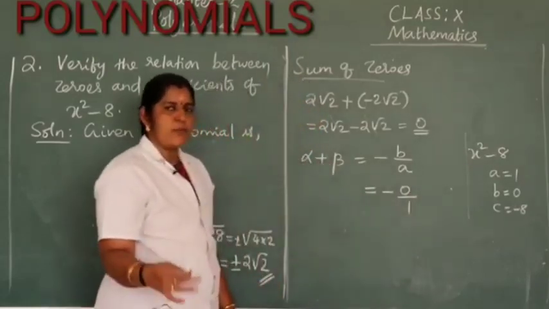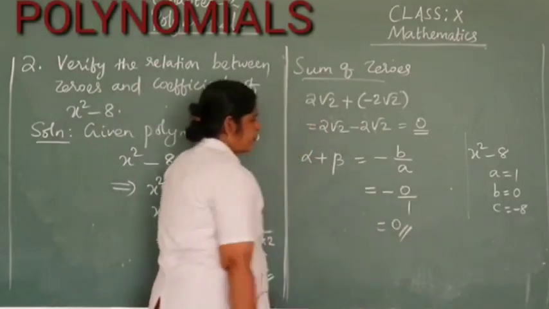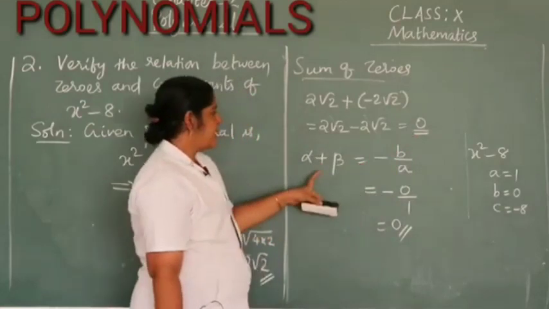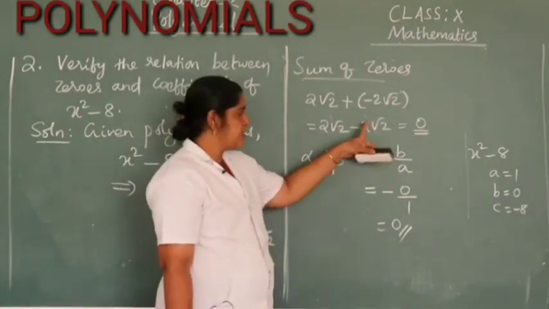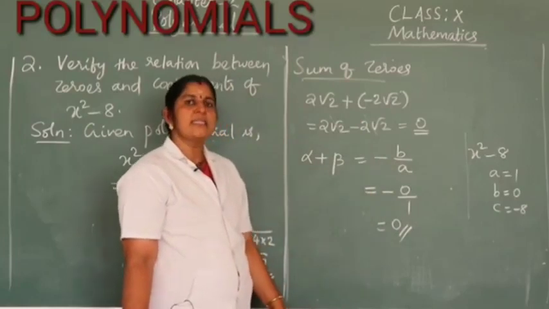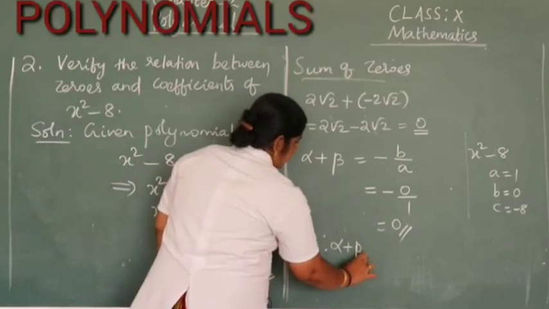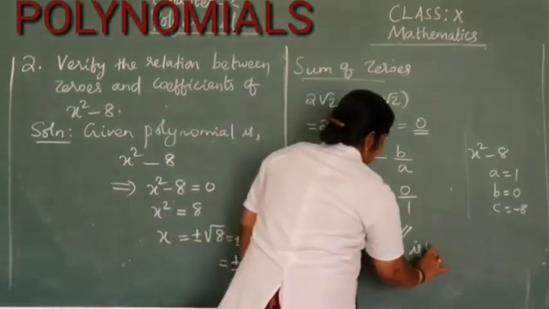You know that 0 by any number is 0. So it is equal to 0. Now you see, when you added the two zeros, we got 0, and when you did it by the relation, you got the same answer. That means the relation is verified. Therefore, alpha plus beta equal to minus b by a is verified.